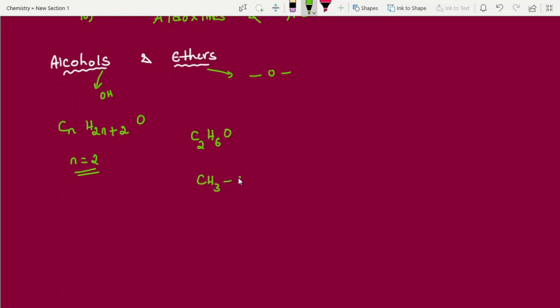CH3CH2OH, two carbons having an alcohol, is nothing but ethyl alcohol. Now ether: single oxygen, and two alkyl groups, one on this side, one on this side. This is what we call dimethyl ether.